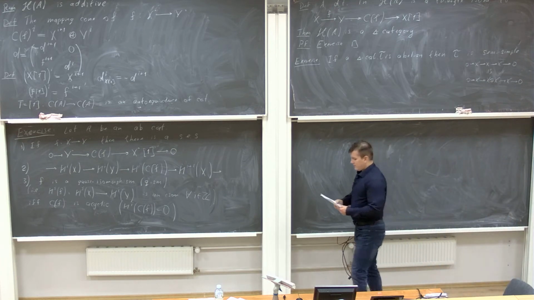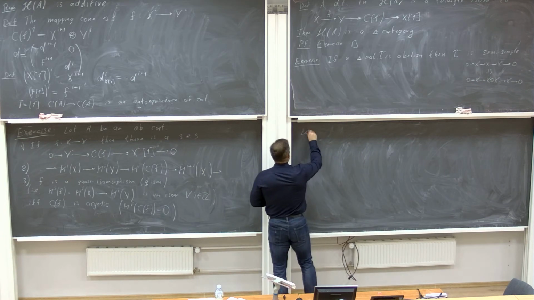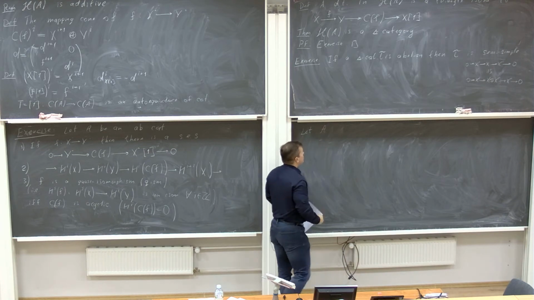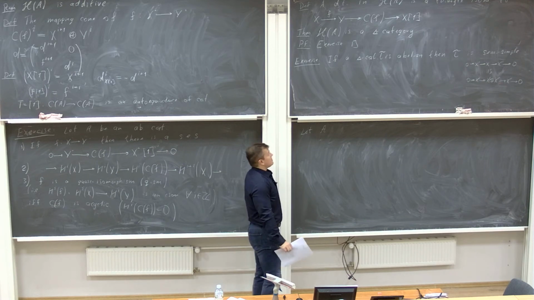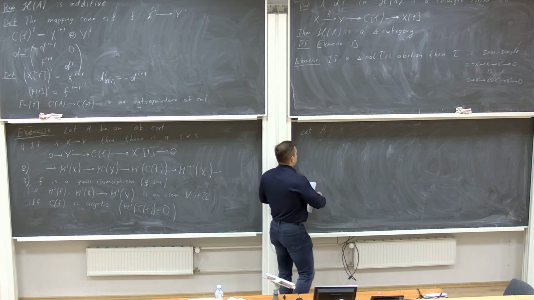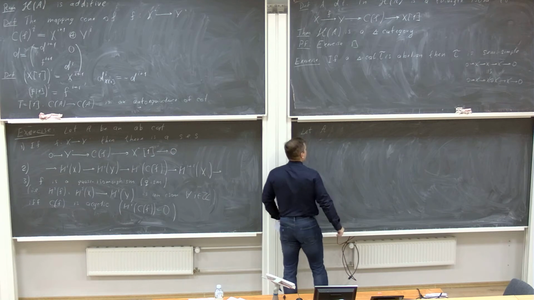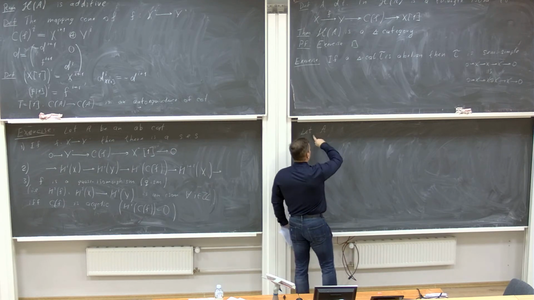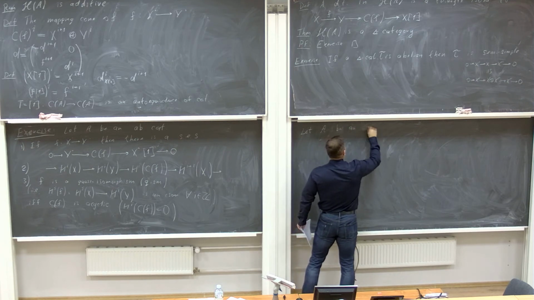Now finally I can define the derived categories. To define a derived category, I need to assume that A is abelian. Right? So notice that you can prove that the homotopic category is triangulated for any additive category. We haven't used that A is abelian, but to define derived categories, you need to assume that A is abelian, because you need to know what a quasi-isomorphism is. You need to know the notion of exactness and homology. So let A be an abelian category.